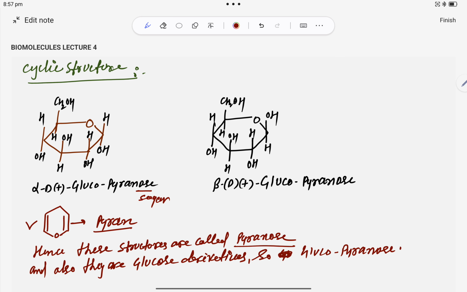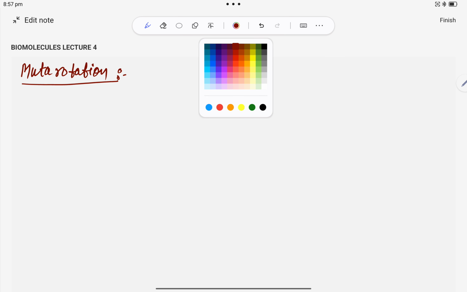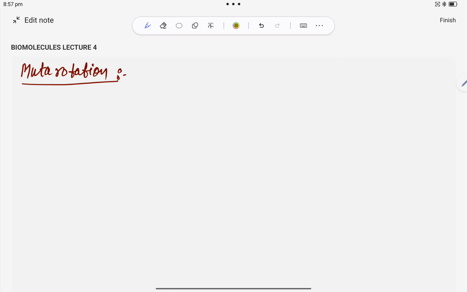Okay. At the same time, we are going to discuss mutarotation. That is a very important topic, mutarotation. After the completion of mutarotation, we will wind up the lecture. What is mutarotation, children? See, try to understand in very simple language. Glucose is an optically active substance, right?